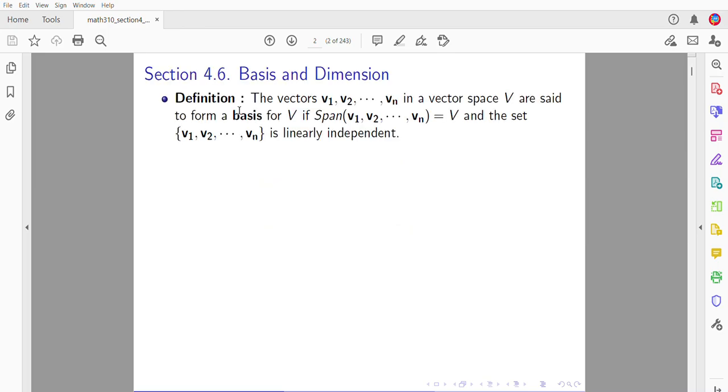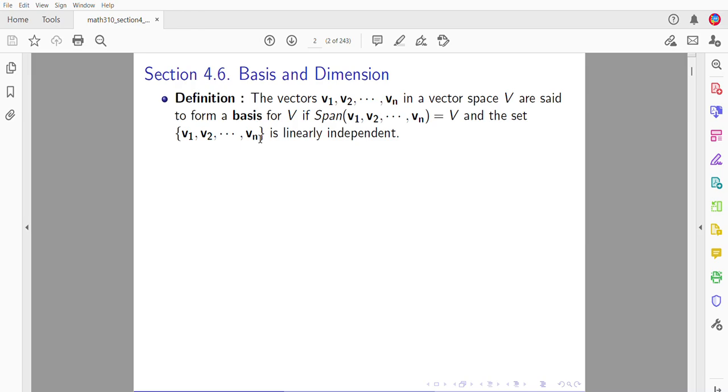The vectors v1 through vn in a vector space V are said to form a basis for V if the span of v1 through vn is your vector space V and the set v1 through vn is linearly independent. In the most recent sections, we learned the meaning of span and the meaning of linear independence.